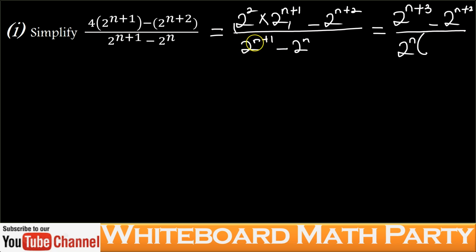That's what gave us this value. So if I leave 2 to the power of 1 inside the bracket, 2 to the power of n times 2 is going to give me 2 to the power of n plus 1 because the power here is 1, which is exactly here, factored. Minus 1, because I just need to replicate 2 to the power of n here by multiplying 2 to the power of n by 1.